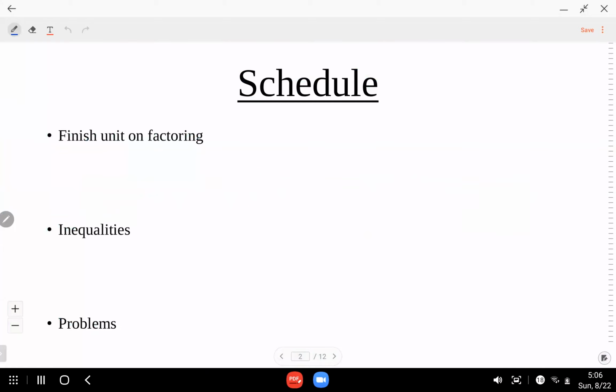So please do that. And then we're going to work on problems. Just one problem, but it's a pretty hard one. Also, I'm going to have practice problems in between every example usually.